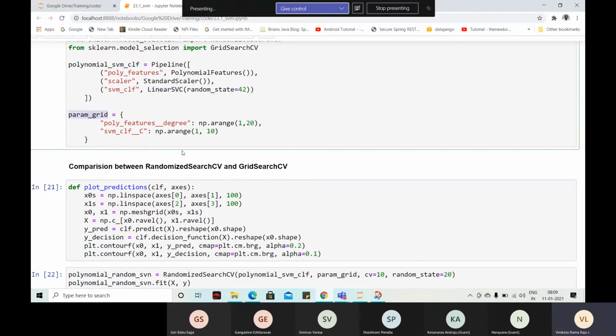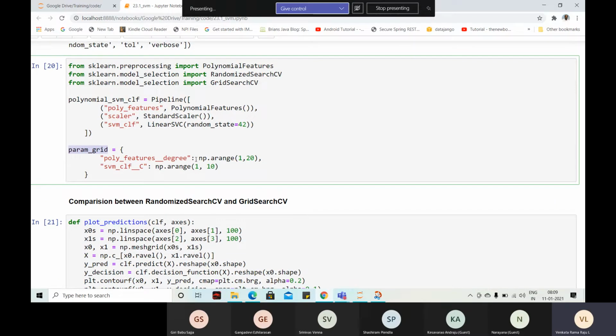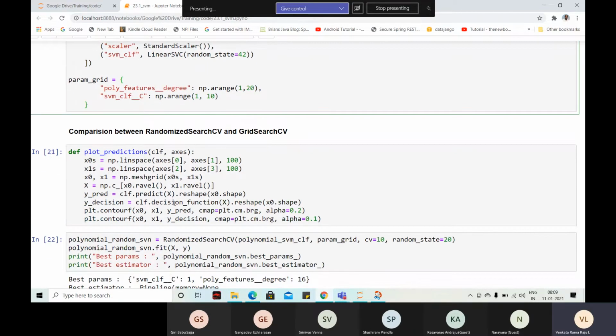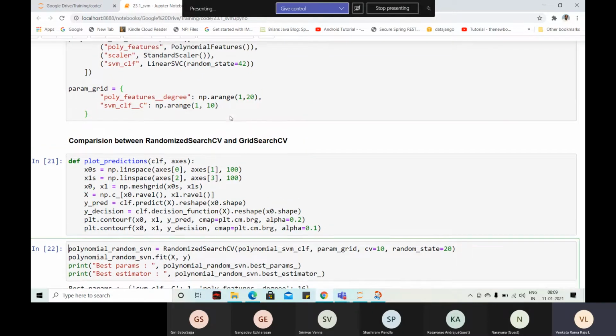And then I have taken param grid, where I am taking the degrees for this polynomial feature from 1 to 20. That means 19, right? From 1 to 19 it will take. Okay. And then the C hyperparameter 1 to 10. So it's going to do 190 models. When you do grid search CV, I'll show.